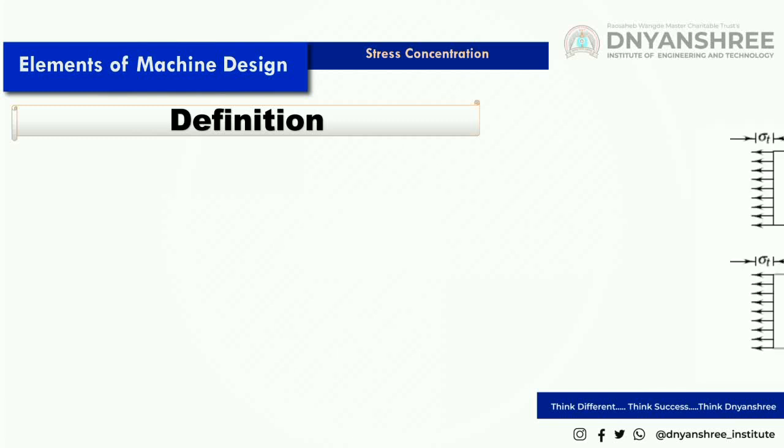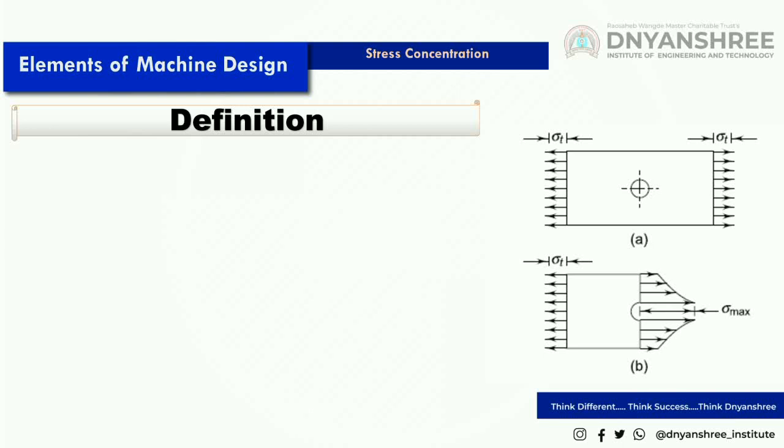Before the definition of stress concentration, let us see this plate, which has a hole at the center. You can see the stress lines which are uniform in diagram A. Sigma T is a tensile stress.